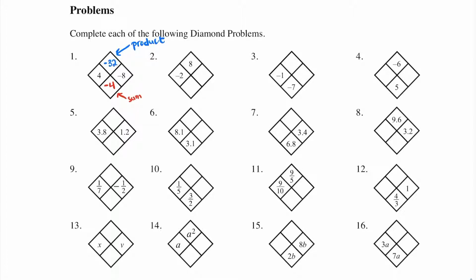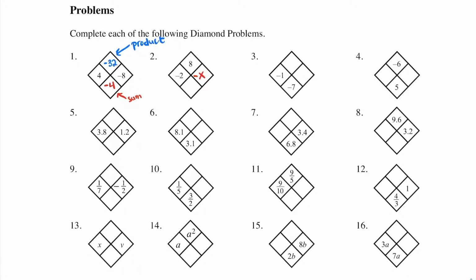I know that negative 2 and some number, x, multiplied together equal 8. Negative 2 times something gives me positive 8, so the sign of my other factor, this x, should be negative, because a negative times a negative gives you a positive number, which is what we want.